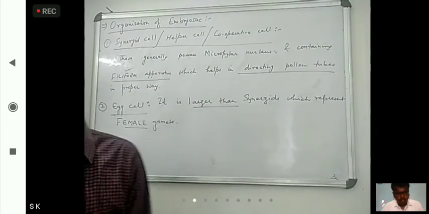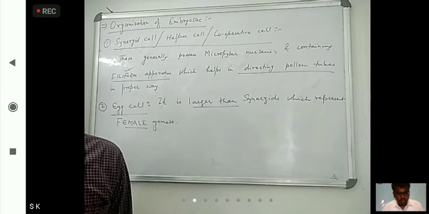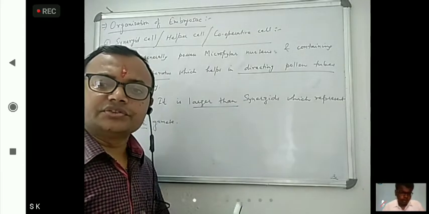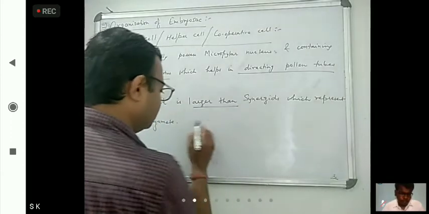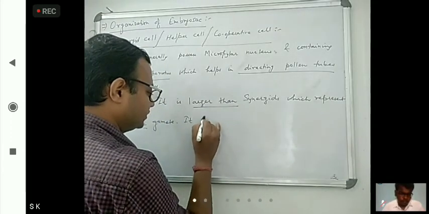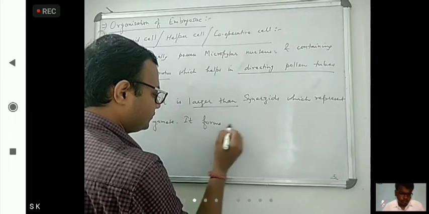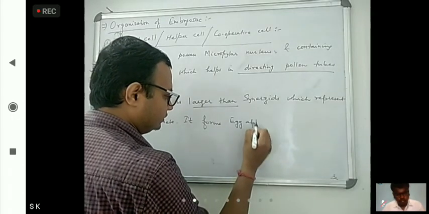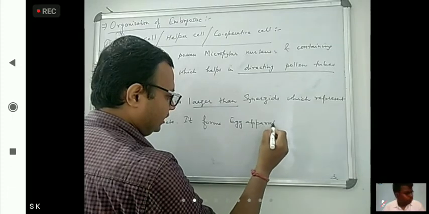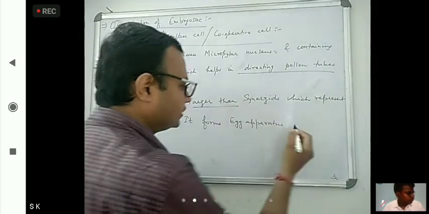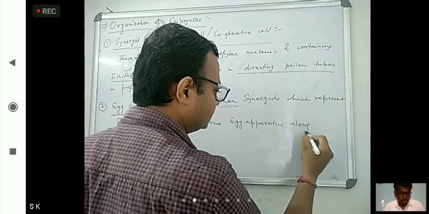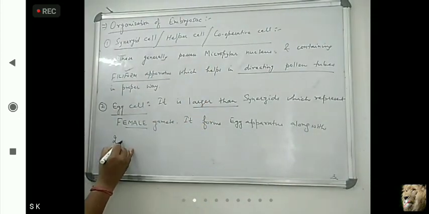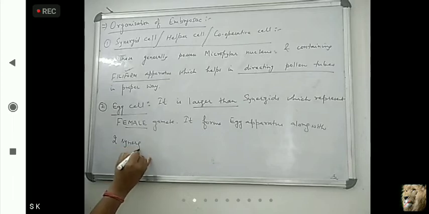So the egg cell represents the female gamete, and it forms the egg apparatus along with two synergids.